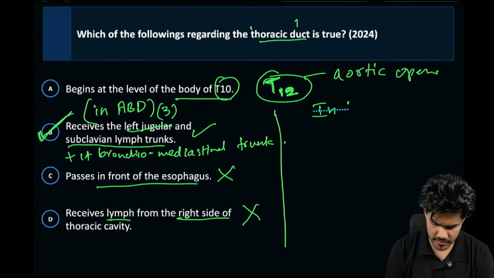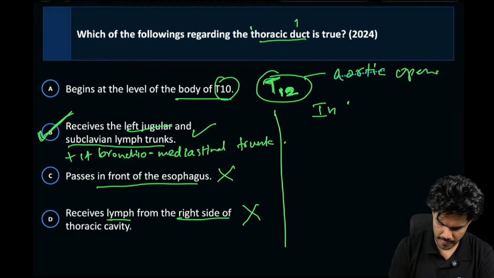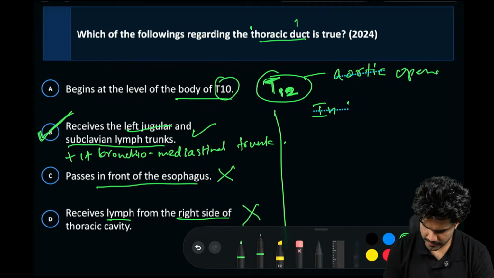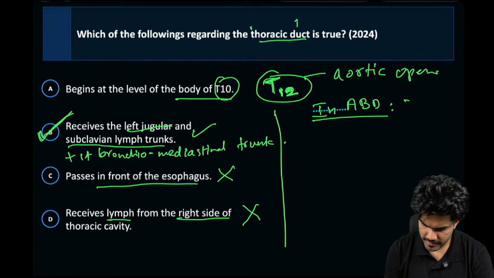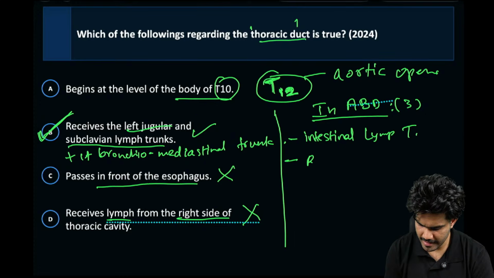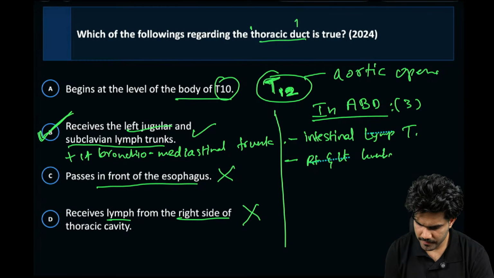In abdomen it has three: from the intestinal lymph trunk, and it has right and left lumbar trunks.